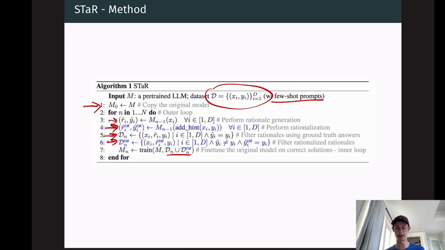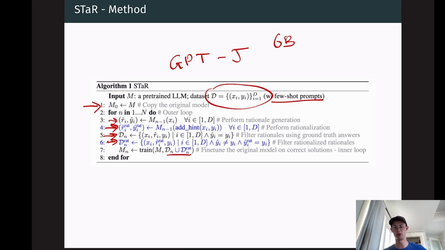And given that new data set, we can actually just now fine tune our model. They used GPT-J in the paper, which is a 6 billion parameter language model, but now you can use newer models. Llama 3.1 would be a good example. And then you can fine tune that model.